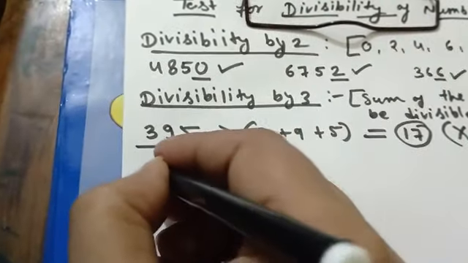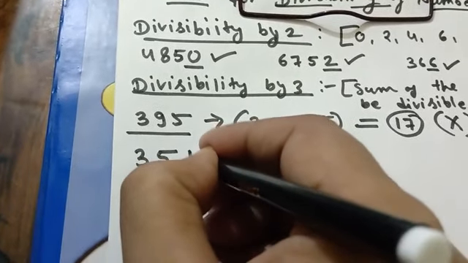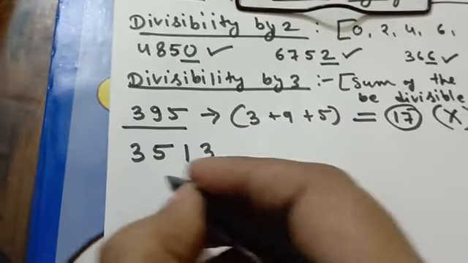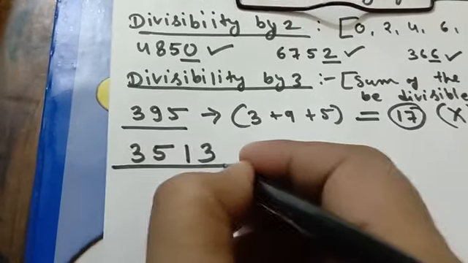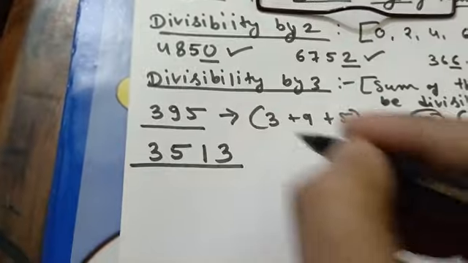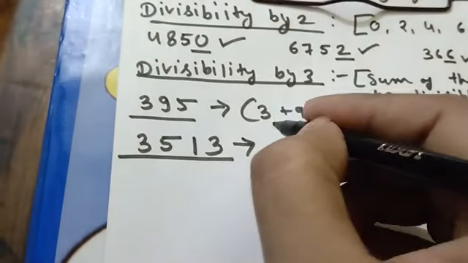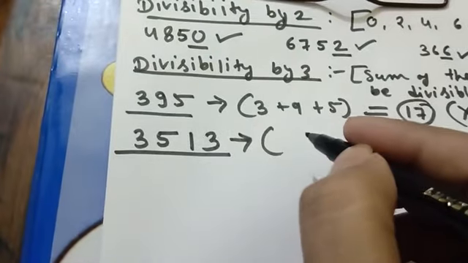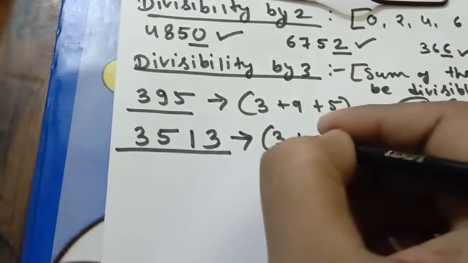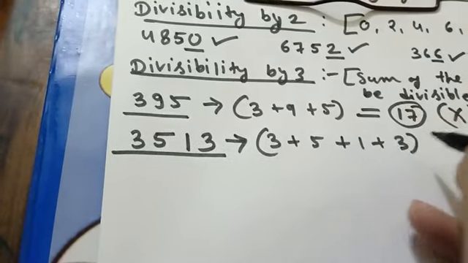Taking another number, suppose I have taken this number 3513. Now I will check whether this number is divisible by 3 or not. How? First of all, add all the digits: 3 plus 5 plus 1 plus 3.